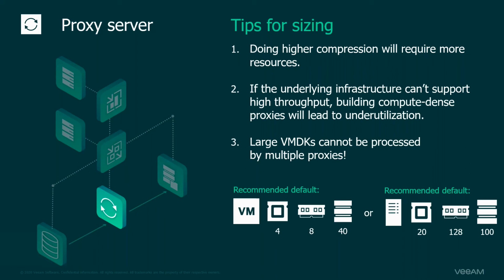So recommended defaults, if you're going to be running virtual proxies, are going to be 4 CPU, 8 gig of RAM, right? It was 1 CPU for every 2 gig. If you're going to go with physical proxies, we're going to bump up the recommendations to 20 CPU and 128 gig of RAM. The reason is if you're already buying physical servers, you're probably not going to buy a single socket 4-core processor with 4 gigabytes of RAM.